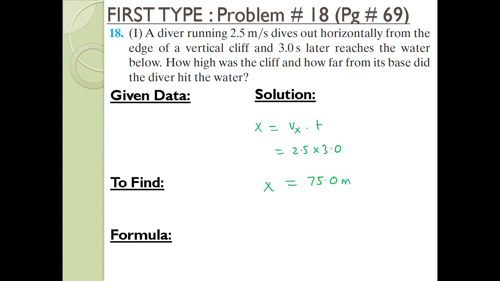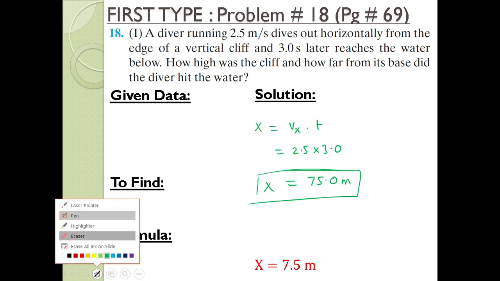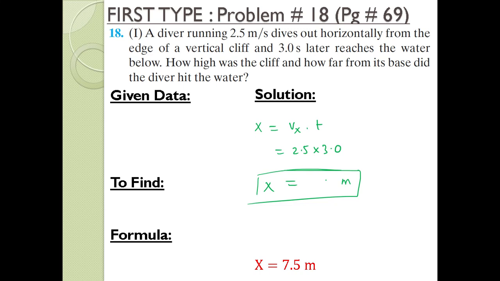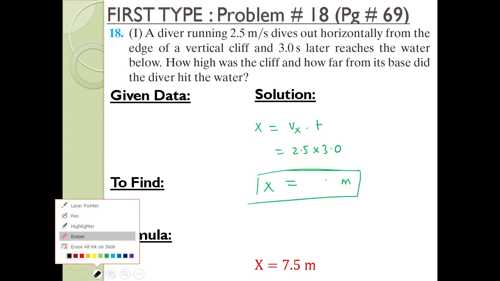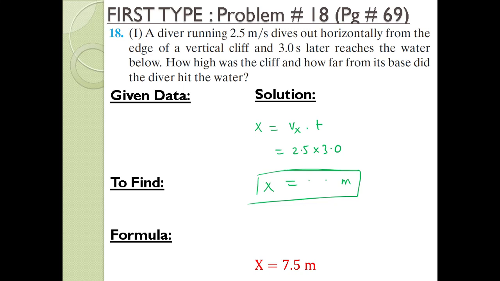Sorry, I made a mistake. This is 7.5, not 75. So 2.5 times 3 is 7.50 meter, and we will round it to 7.5 meter.